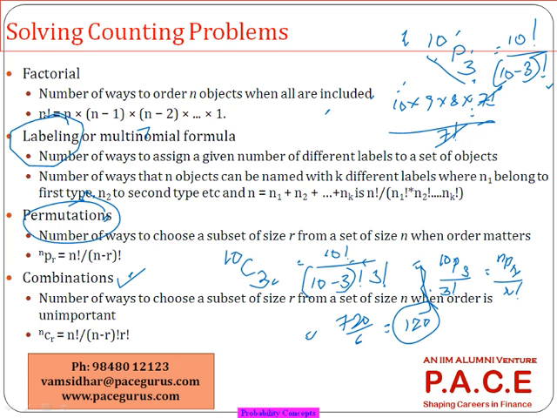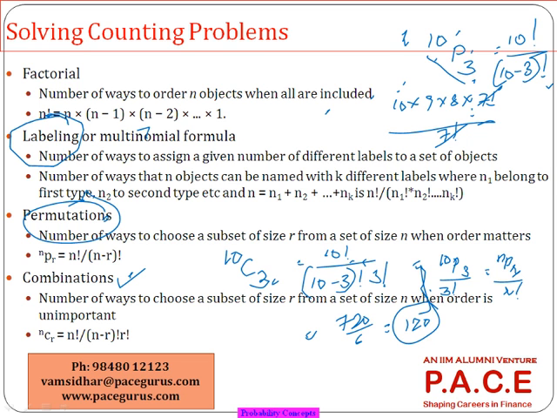So which is nothing but allotting to various groups. The whole n number of items, I am creating some x number of groups and allotting different numbers to different groups. How many ways I can do that is what is accomplished through my labeling or a multinomial kind of formula.